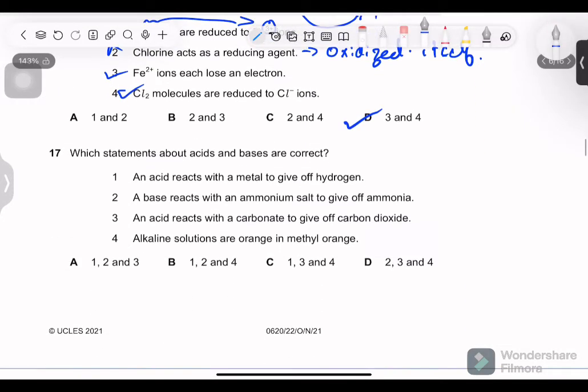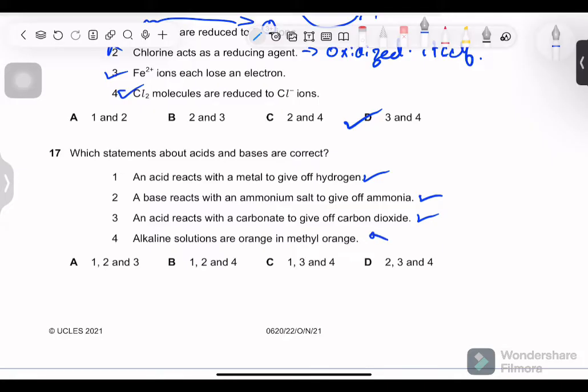Which statements about acids and bases are correct? An acid reacts with a metal to give off hydrogen. Yes, acid plus metals produces a salt and hydrogen. A base reacts with an ammonium salt to give off ammonia. This is also true. An acid reacts with a carbonate to give off carbon dioxide. This is also true. Alkaline solutions are orange in methyl orange. No, alkaline solutions are not orange in methyl orange.